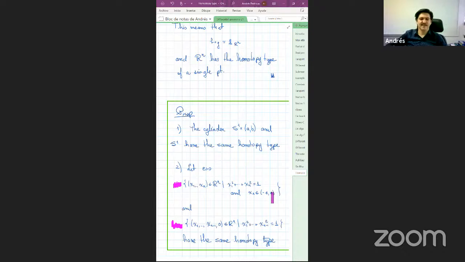So I have, let's say S2 in R3, I have the sphere, and then I took a neighborhood of the equator. So that's why I have this. Note here, this is an equator of the sphere.